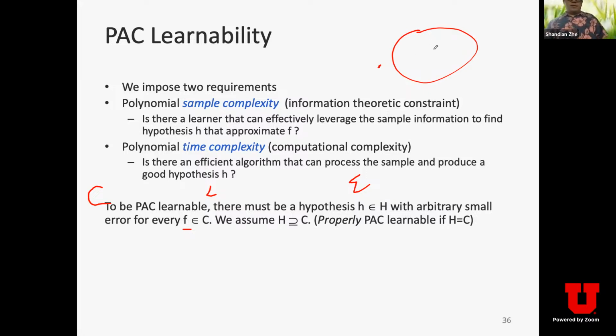That means no matter how smartly you search over the entire hypothesis space, the best one always has some gap. And if you pick some epsilon less than this gap, you will never be able to find a hypothesis whose performance gap to the true function is less than this gap.